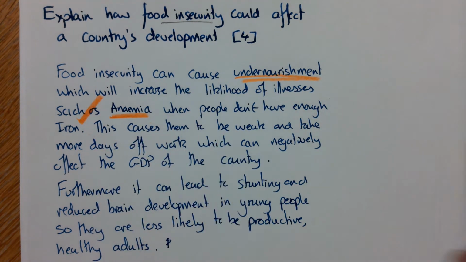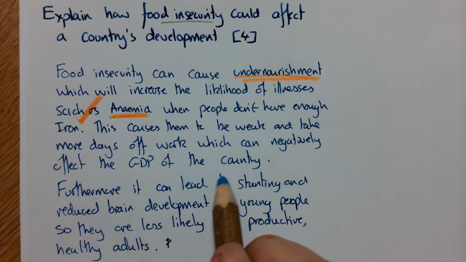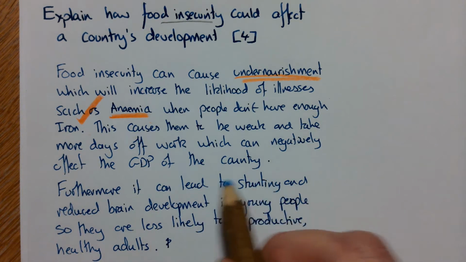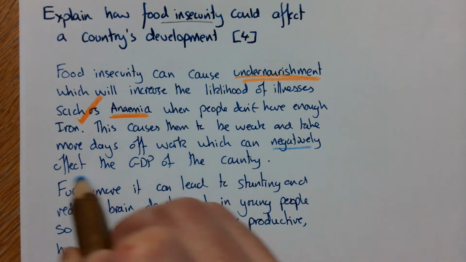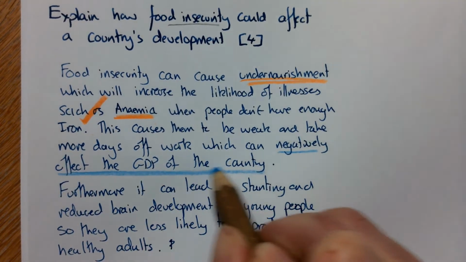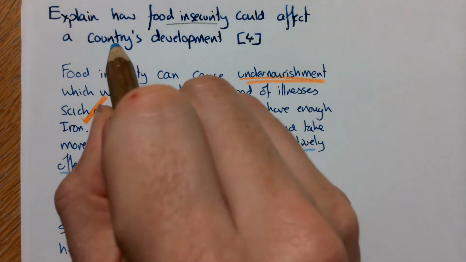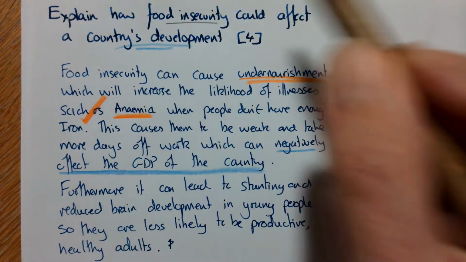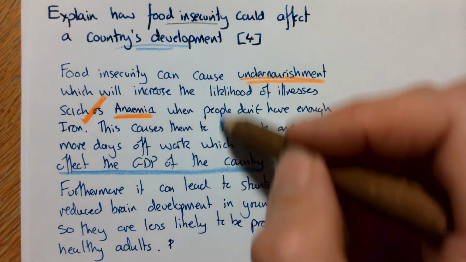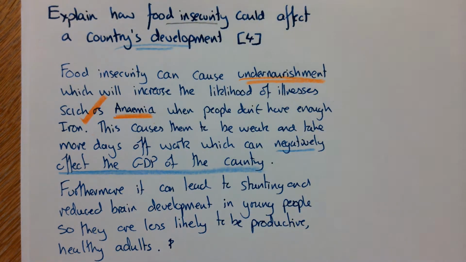This causes them to be weak and take many days off work, which can negatively affect the GDP of a country. Remember, this question is about a country's development, and so we do need to be thinking about the link to the economy of the country.